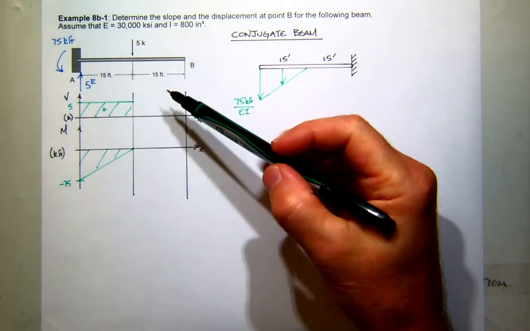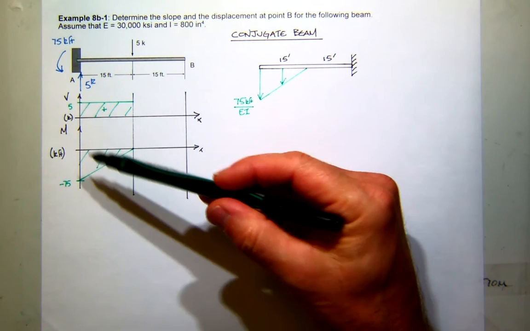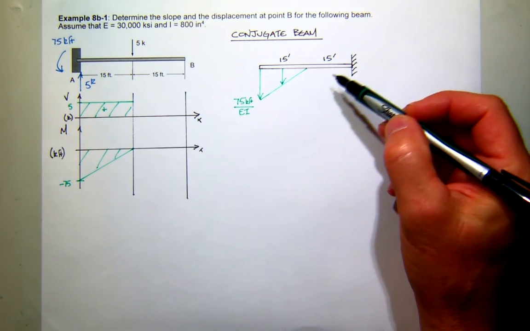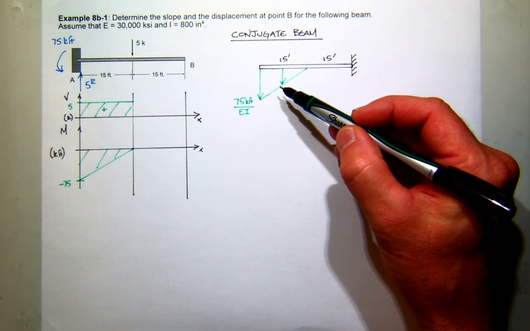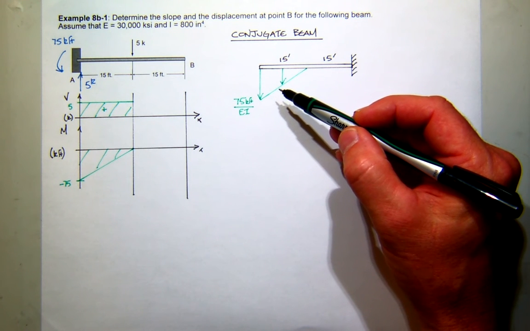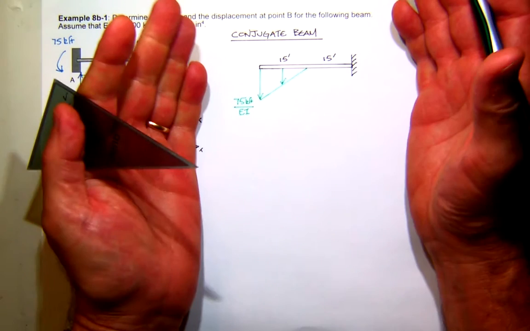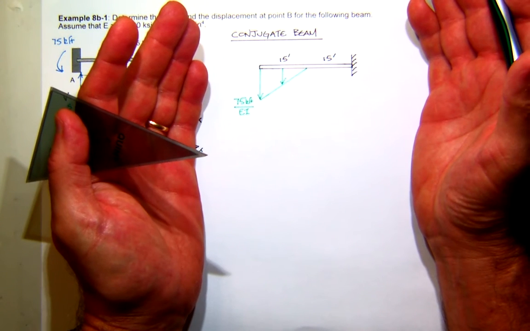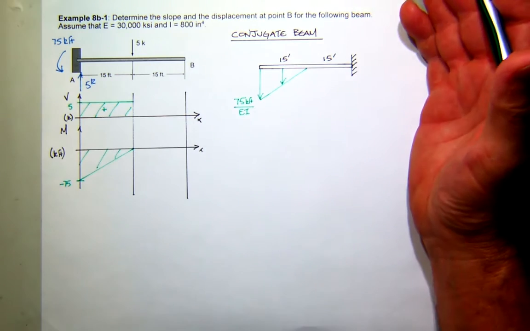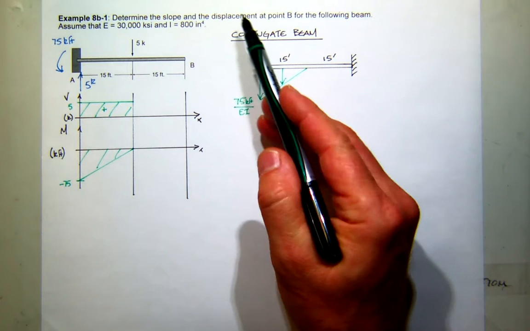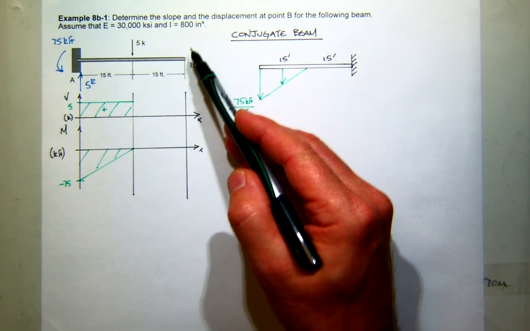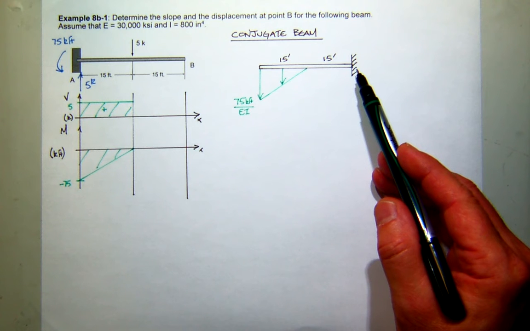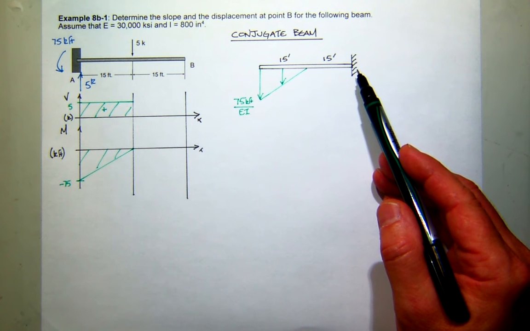So I'm looking at this as kind of step one, you draw the moment diagram. Step two, you create the conjugate beam and apply the moment divided by EI as load. And if you've done that correctly up to this point, you now just have a new problem. And this problem is the one we want to find what? Well, the problem statement said at point B, I want to find the slope and displacement. So in the conjugate beam, slope and displacement is shear and moment.